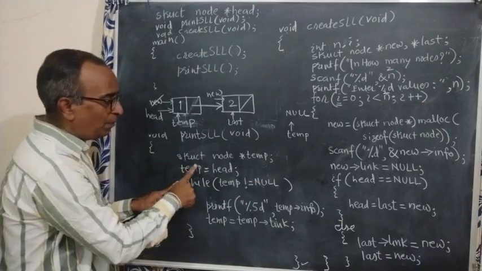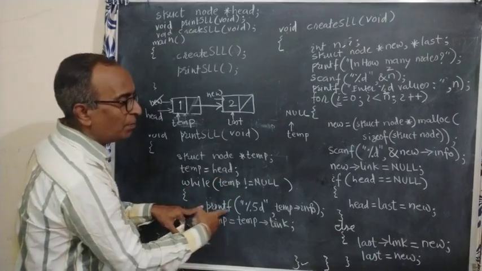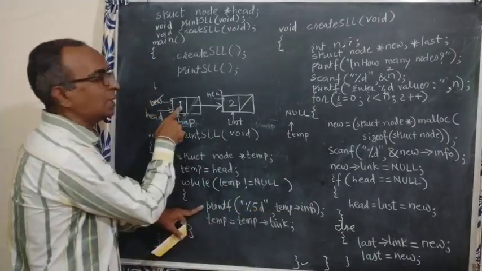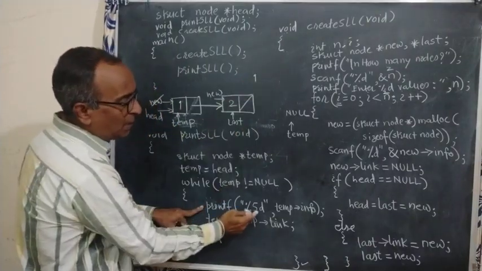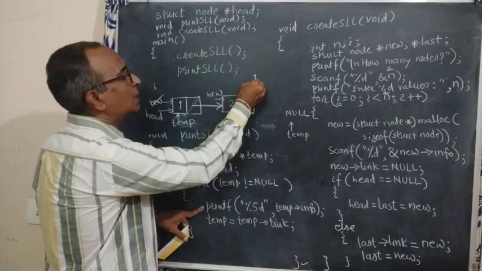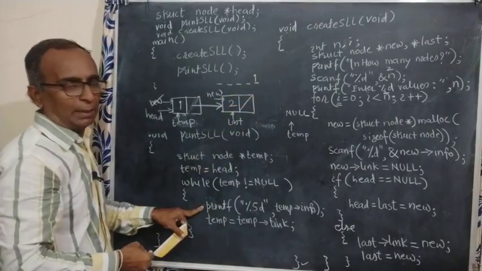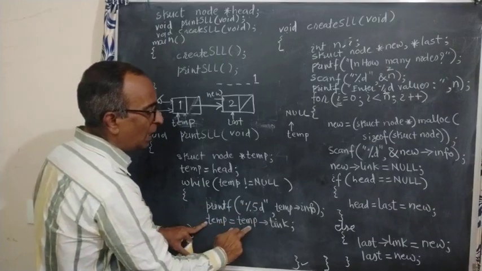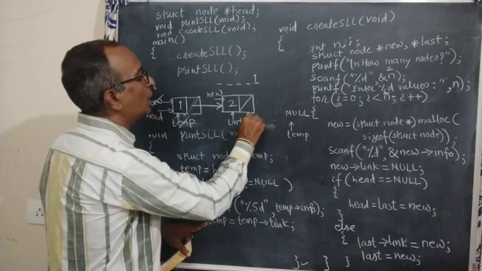No. When temp is not null, this is true, so it will go inside. Printf temp's info. What is temp's info? 1. 1 will be printed on screen in 5 spaces: 1, 2, 3, 4, 5, and this will be right justified. Then temp's link is given to temp, meaning temp is moved. Temp will point here now.